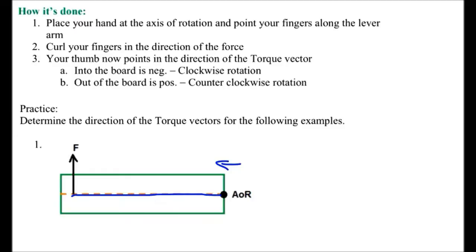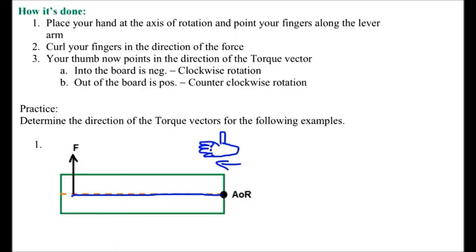Now you cannot curl your fingers backwards, against your knuckles is what I'm talking about. So if I draw a little hand here, we're pointing our hand in this direction so that our fingers are pointing along the lever arm, and these are my knuckles there.